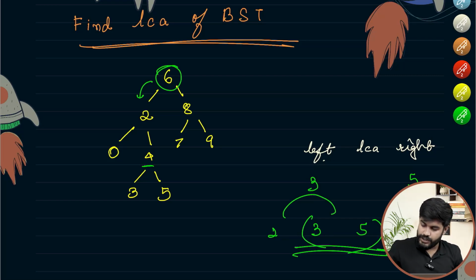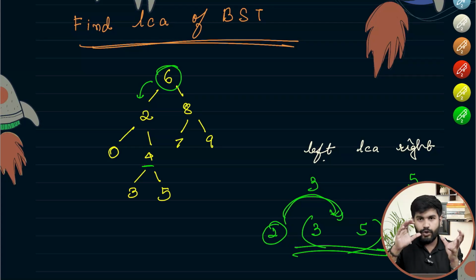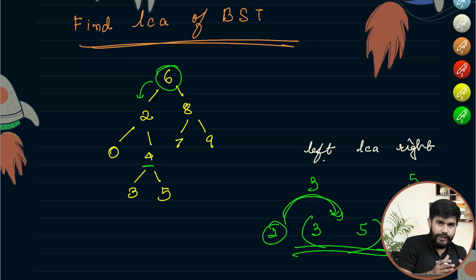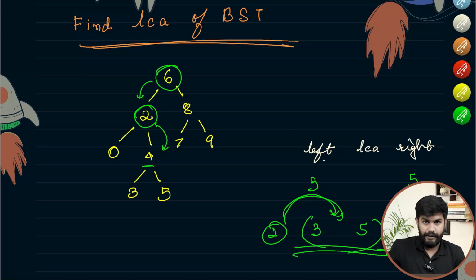I want a range which is here. To get a higher value, we need to go on right. To get a lower value, we need to go on left. So we need a higher value. That is why from this node 2, we would go to a higher value. Now at this point, again we have a condition which lies in between the left and right.